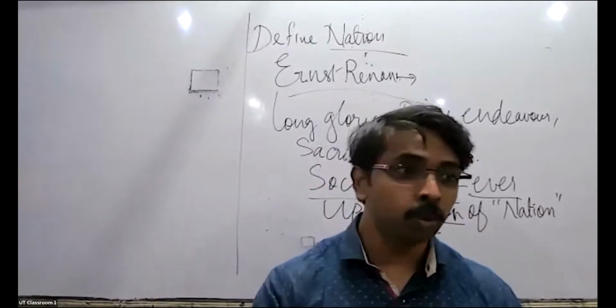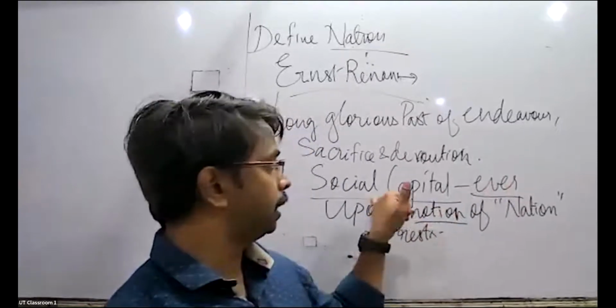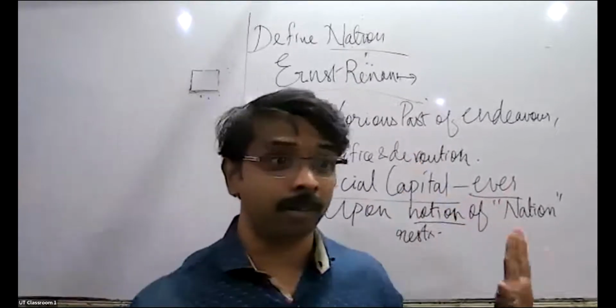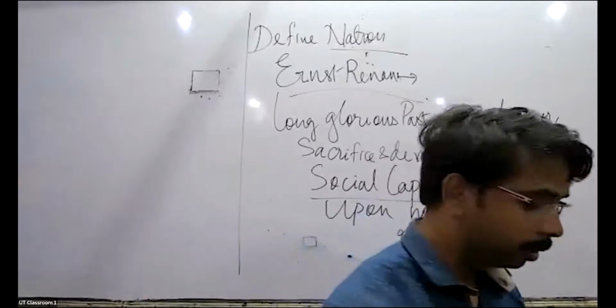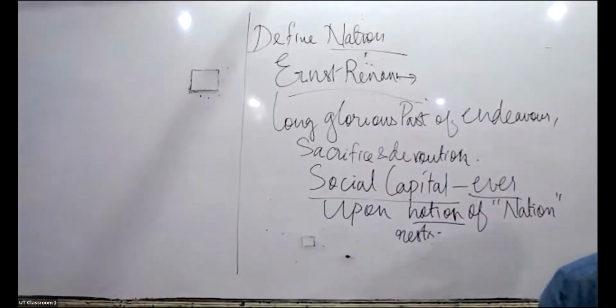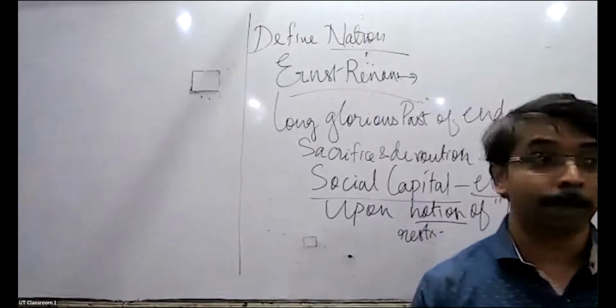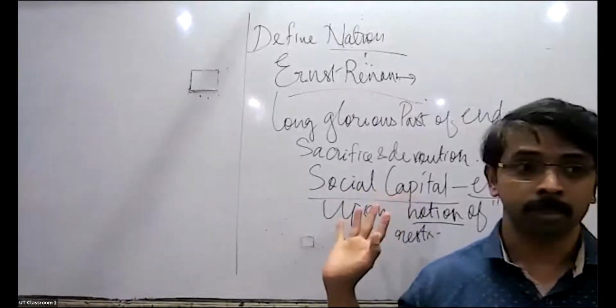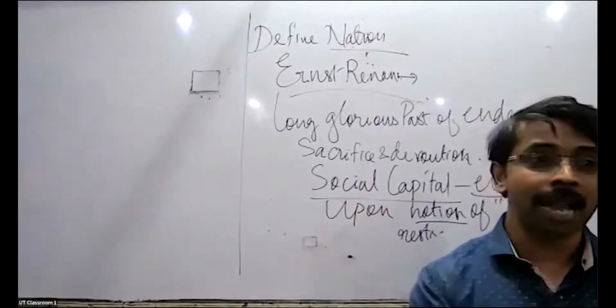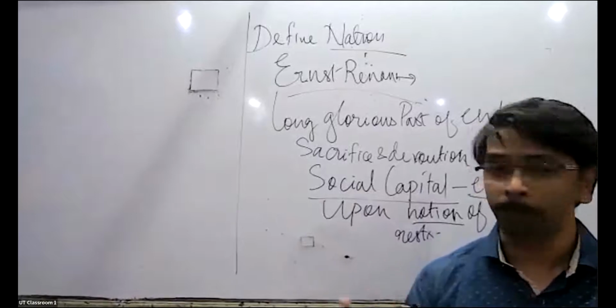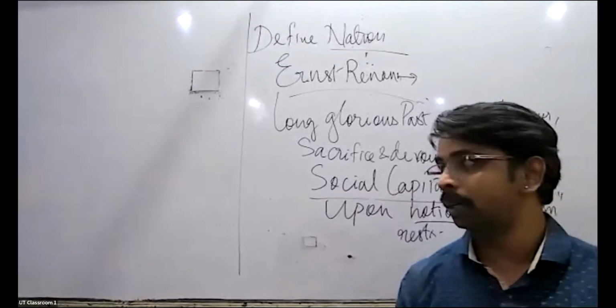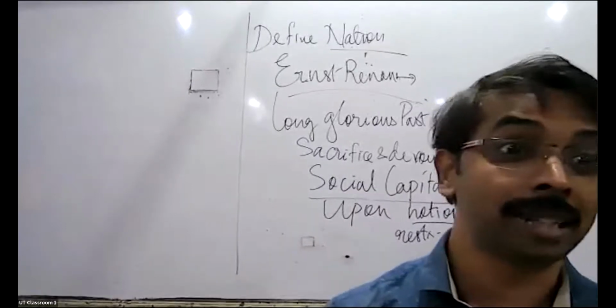If I am saying you guys are going for a nation with the highest social capital ever, I might have told this to the 9th standard online: Subhash Chandra Bose was considered the biggest leader of Congress, but he and Nehruji had a difference of opinion. Nehruji called Subhash Chandra Bose his greatest rival.